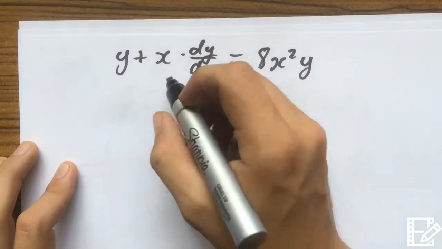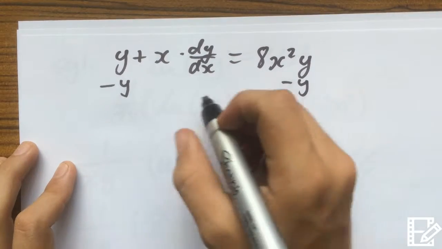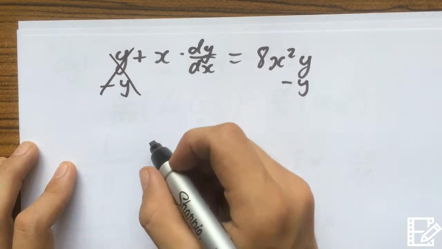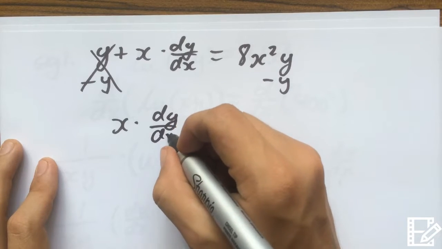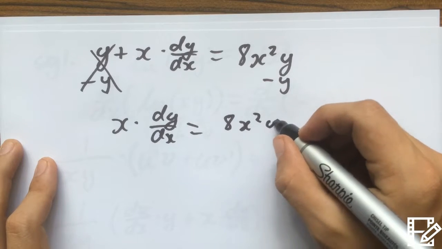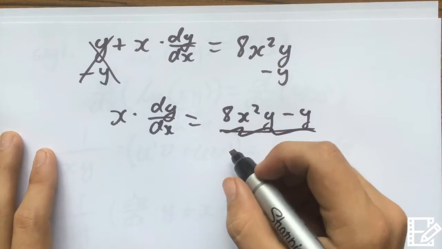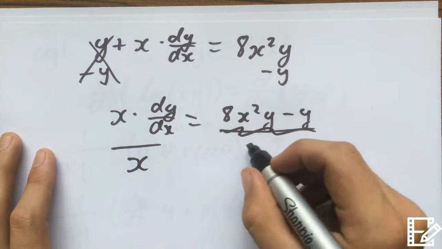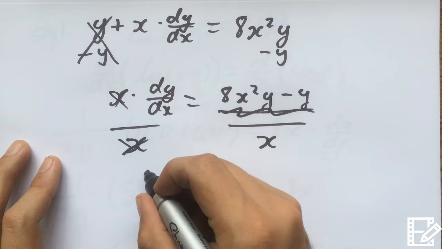Now, what we're going to do is subtract y from both sides, which will get rid of this, and we'll be left with x multiplied by dy dx equals 8x squared multiplied by y, take y. And now we'll divide both sides by x, which will cancel out this and leave this.